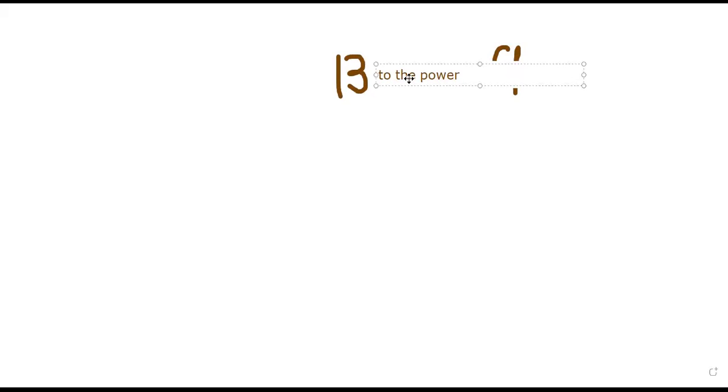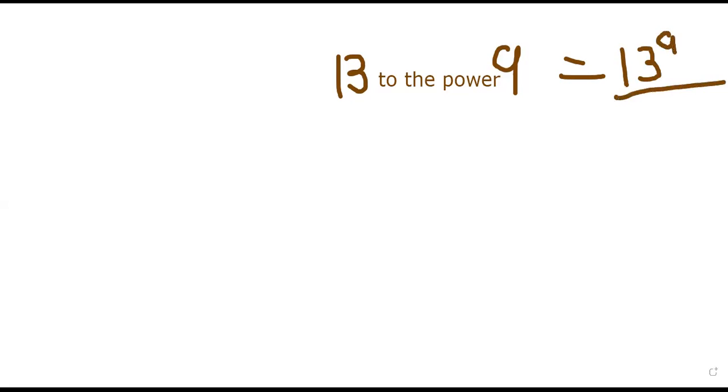How will you solve this? Any guesses? You need to convert it into exponential form. 13 to the power 9. Correct, guys. It will be 13 to the power 9. Are you getting it?